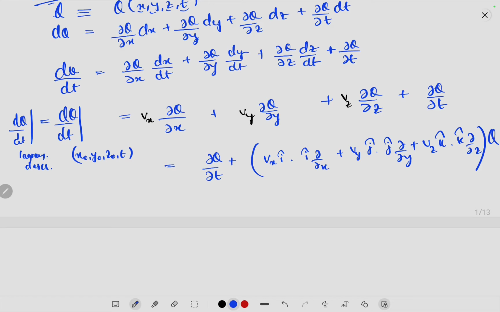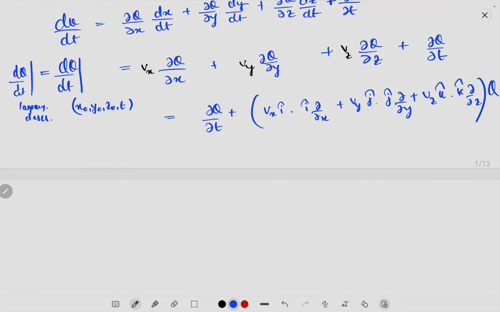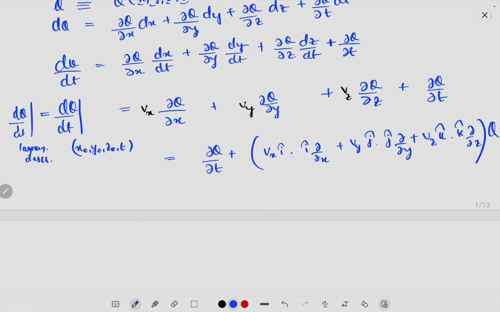Can I do that? Yes, we can do that, because i dot i will become 1, and this will be written as Vx del by del x, and Vx del by del x times q will become Vx del q by del x, which we had here, and similarly for the rest.